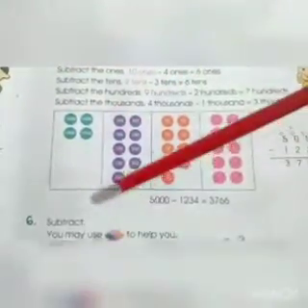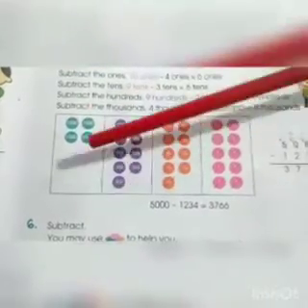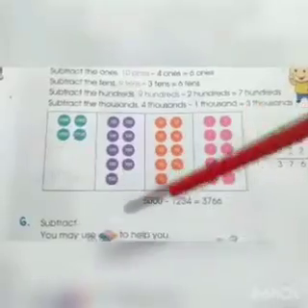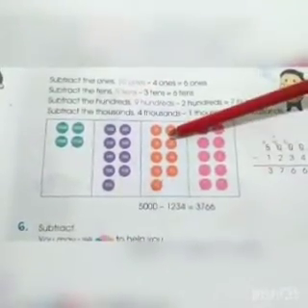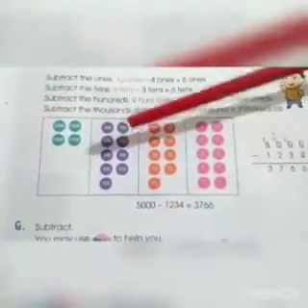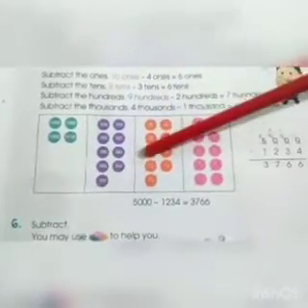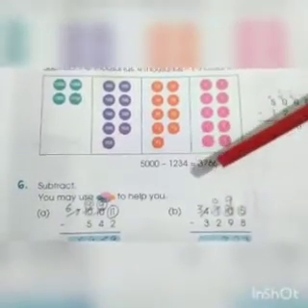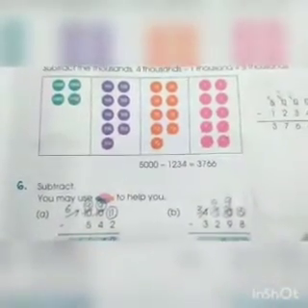There are 3 sections left. 3000, 766, okay, 3766. 5000 minus 1234 is equal to 3766.